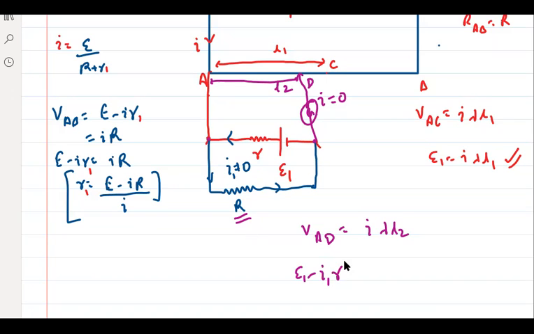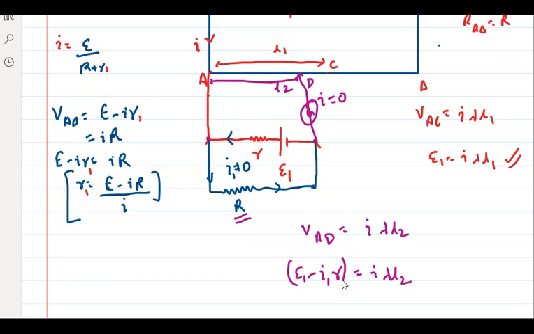Yes or no? Clear? And this is equal to I into lambda L2. Instead of that I can just write V_AD. Now divide these two.